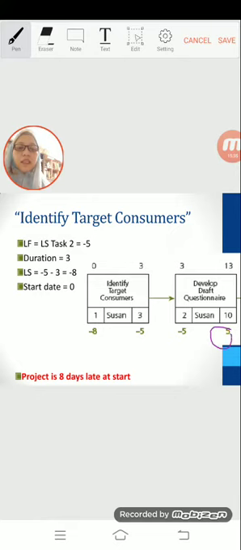Again, 5 minus 10 equal -5. -5, you bring backward here. -5 minus 3 equal -8.